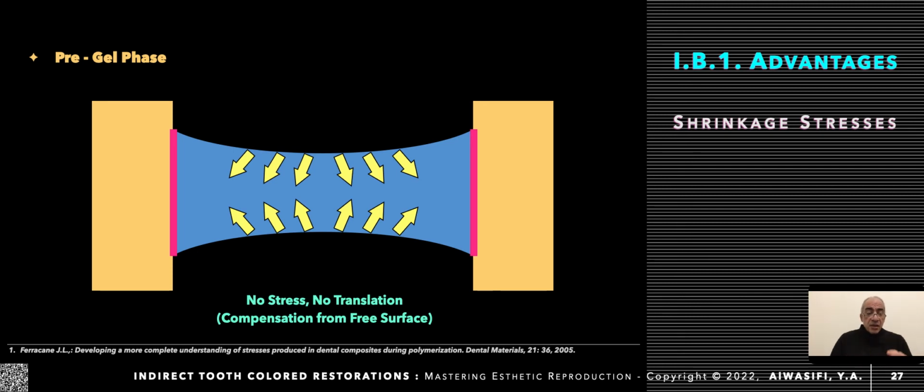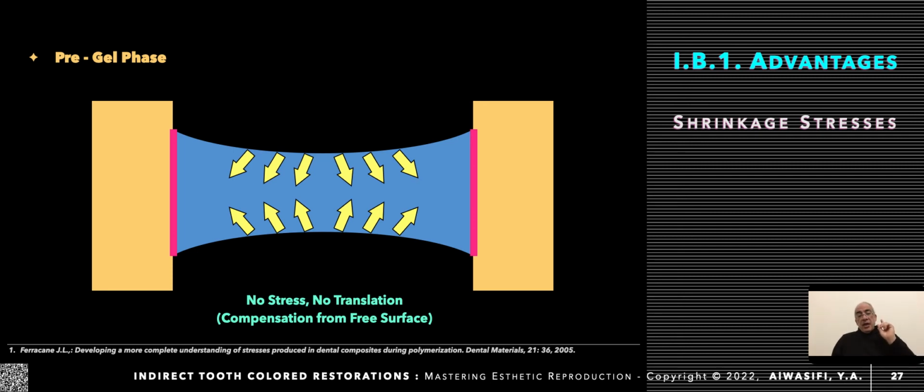The material shrinks toward its center and still adheres to the cavity walls, and your shrinkage will be directed to the area of first initiation, which is the cavity walls, and your shrinkage could be compensated from the center.